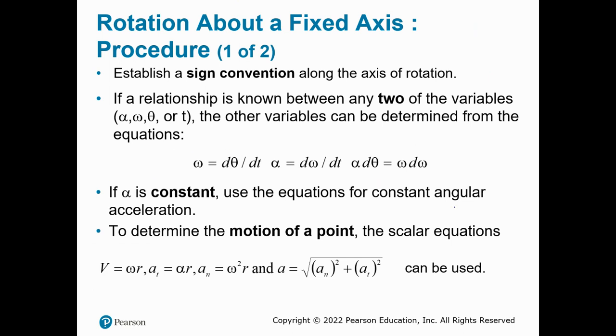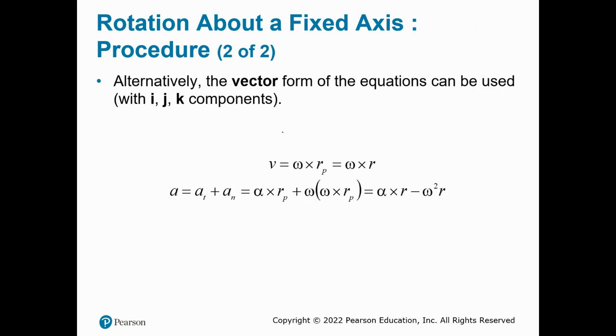We're going to use the equations for constant angular acceleration to determine the motion of a point. In scalar form, we have v equals omega r, at equals alpha r, and the normal acceleration an will be omega squared times r. Alternatively, in vector form, we have the ijk components, so you will be relating these equations for the vector form.